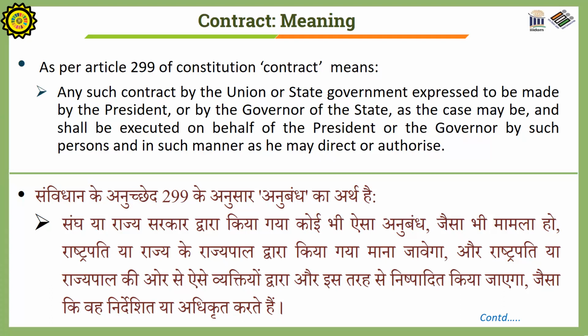Meaning of contract. As per Article 299 of the Constitution, contract means any such contract by the union or state government expressed to be made by the President or by the governor of the state, as the case may be, and shall be executed on behalf of the President or the governor by such persons and in such manner as he may direct or authorize.